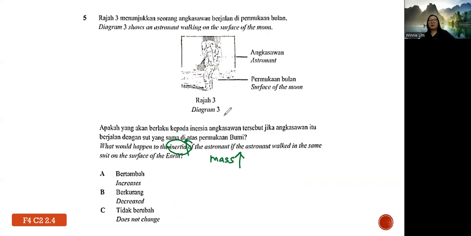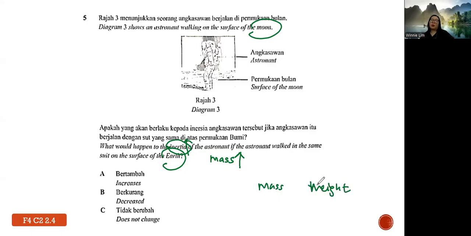Okay, but now they are talking about the astronaut on different surfaces, right? On the moon and also on the Earth. So for information, mass will not be affected by position. What is affected, in 2.8 you all learned about mass versus the concept of weight.